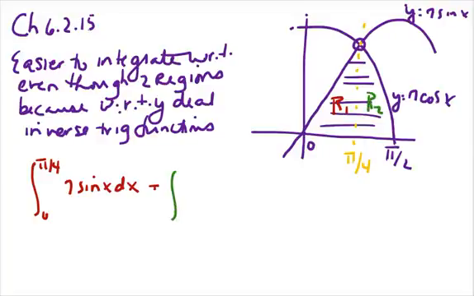Region 2 is going to go from pi over 4 to pi over 2, and the function we're working with on the top is 7 cosine x dx, and of course on the bottom is y equals 0. So these are the two integrals that we need to evaluate.